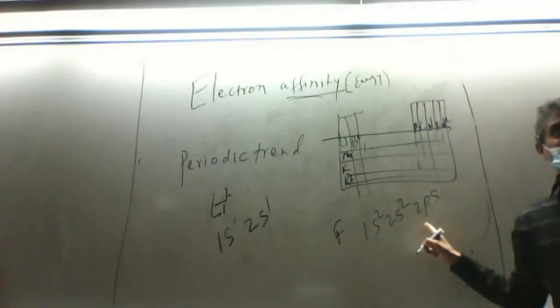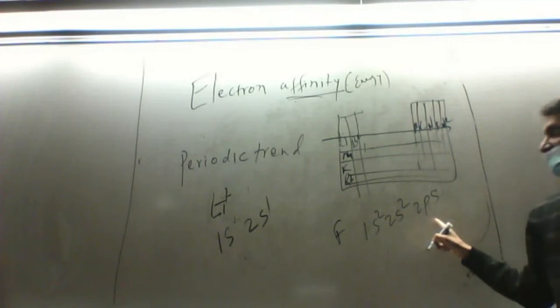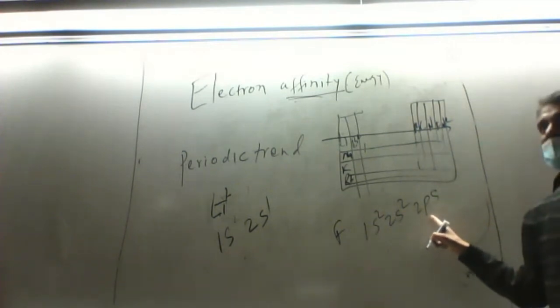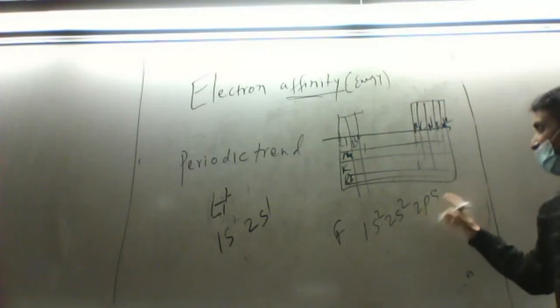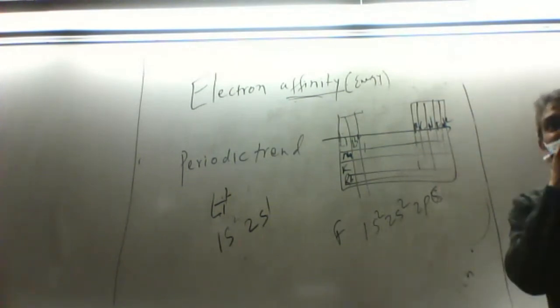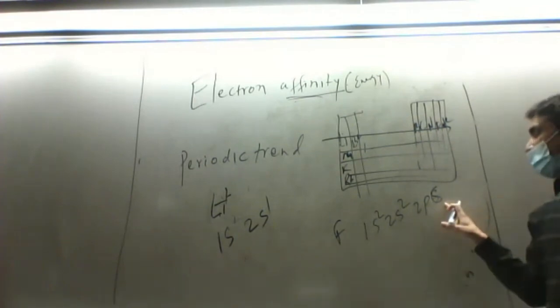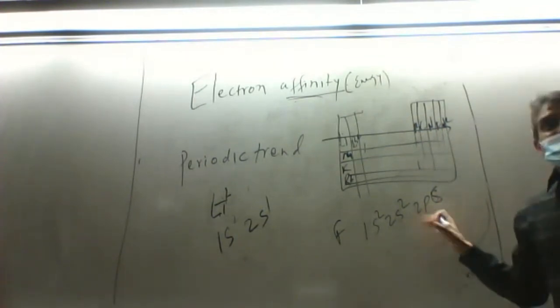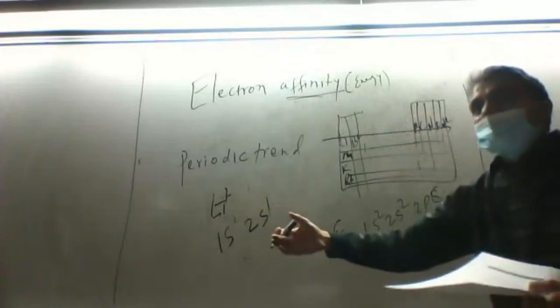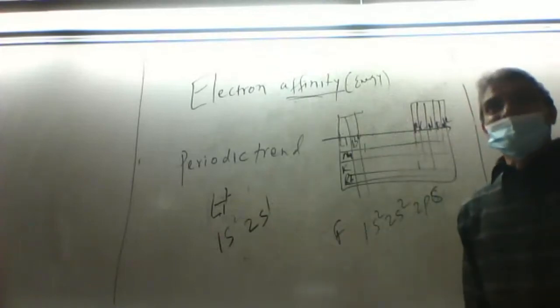So this is the fluorine electronic configuration, right? How many electrons does fluorine need to be stable, to be fully filled? One more. 2p5, they want to be 2p6. The p orbital can hold a maximum of 6 electrons. So they are electron hungry. They are always looking for the electron. So they have a large electron affinity value.